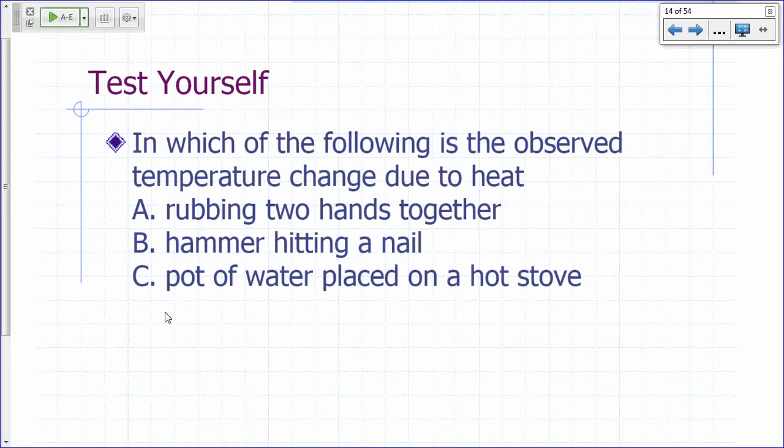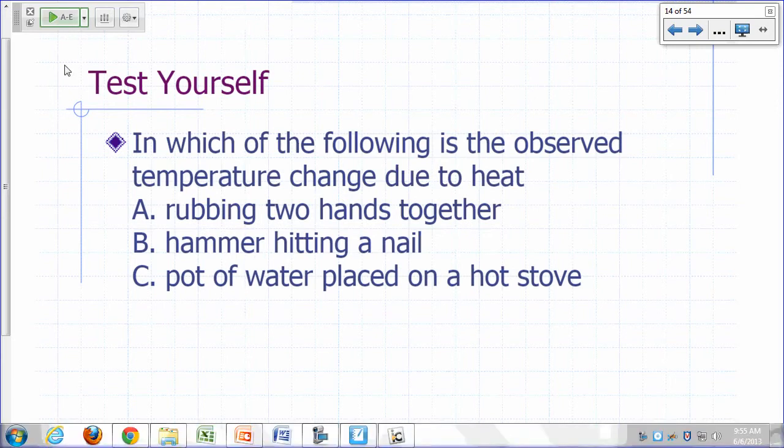If you hit a nail with a hammer and touch the nail, it gets hot, right? Did you heat it? Is that temperature change due to heat? Or if you put a pot of water on a hot stove, is that temperature change because of energy transfer by way of heat? So which of these is due to heat?